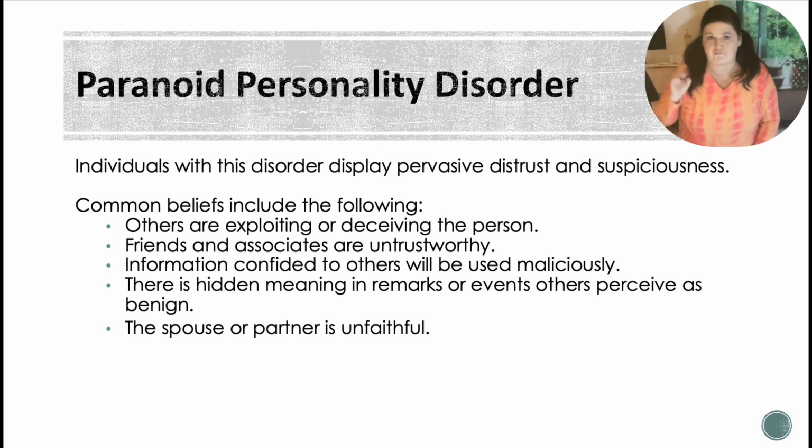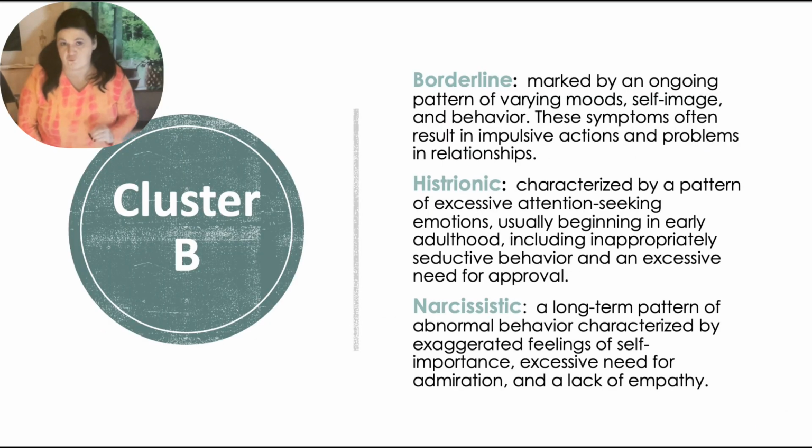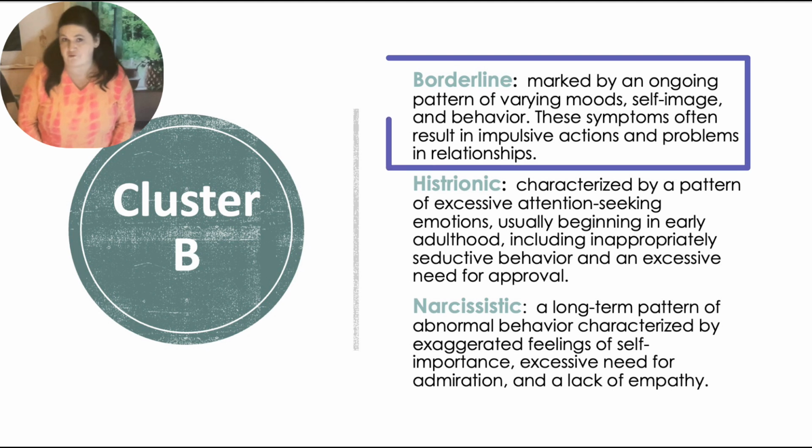Then there's cluster B, including 4. We're going to quickly run through 3 here. First, there's borderline. Okay, this is marked by ongoing patterns of varying moods, self-image, and behavior. So it's really erratic behavior. These symptoms often result in impulsive action and then problems in relationships, right?